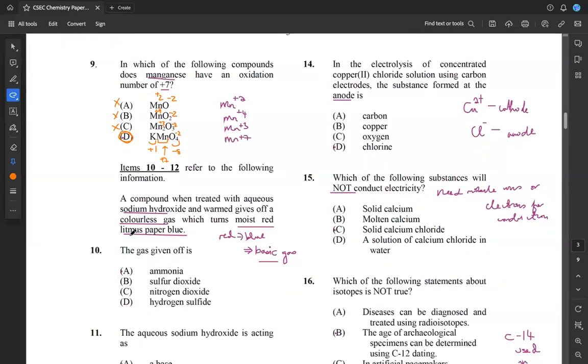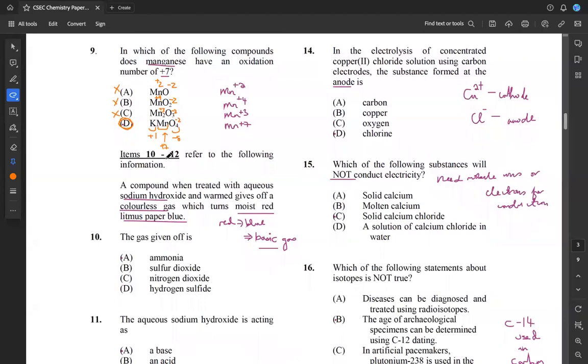So moving down to question 10 now, it says items 10 to 12 refer to the following information. So they're giving us some information here to then ask us some questions on.